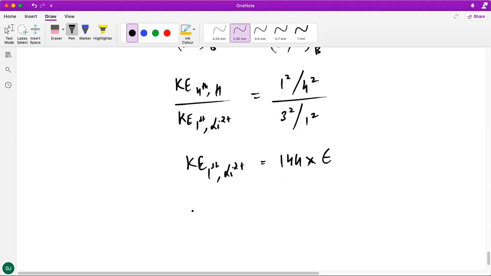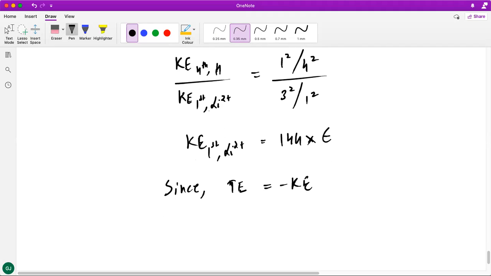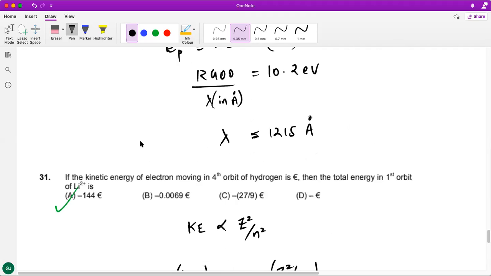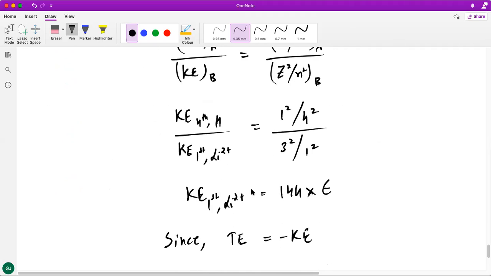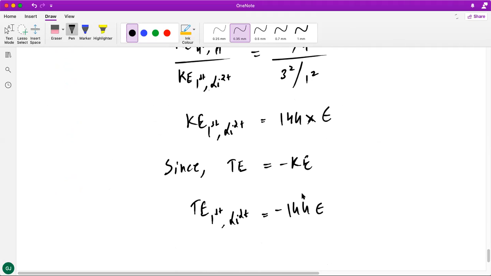Okay, but what is being asked is total energy, so don't forget that as the last step, since total energy is negative of the kinetic energy, right? So what are we getting over here? That total energy of the first orbit of Li2 plus will be minus 144 times this epsilon symbol, or whatever this symbol is. All right.